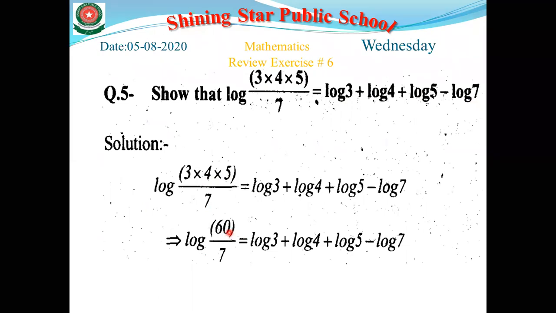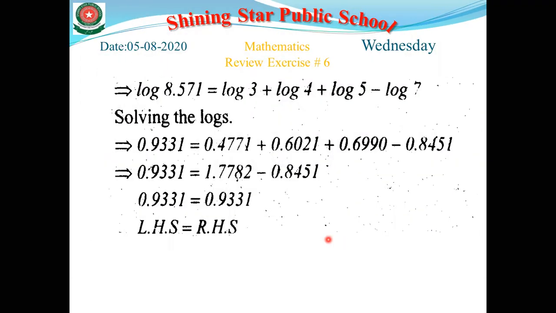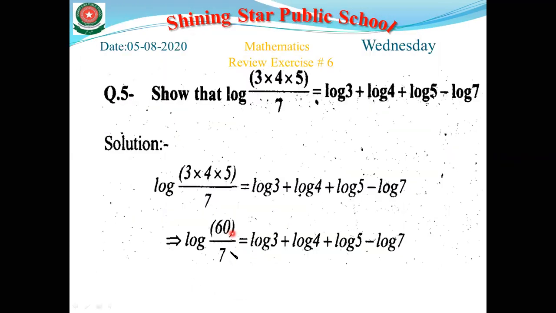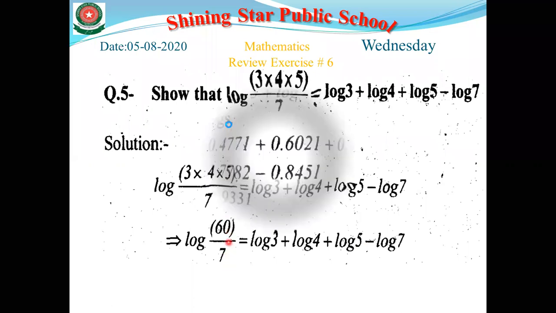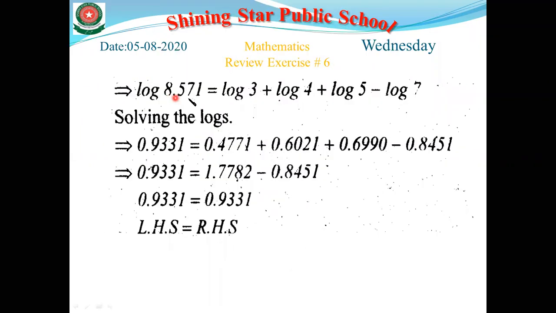So log 60 divided by 7 equal to log 3 plus log 5 plus log 4 minus log 7. Now here is 60 divided by 7, and when you divide this 60 divided by 7, it becomes 8.571. You can divide with the help of calculator.